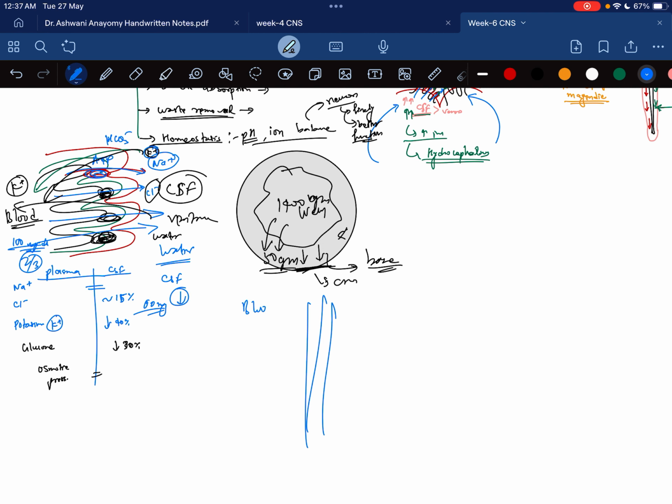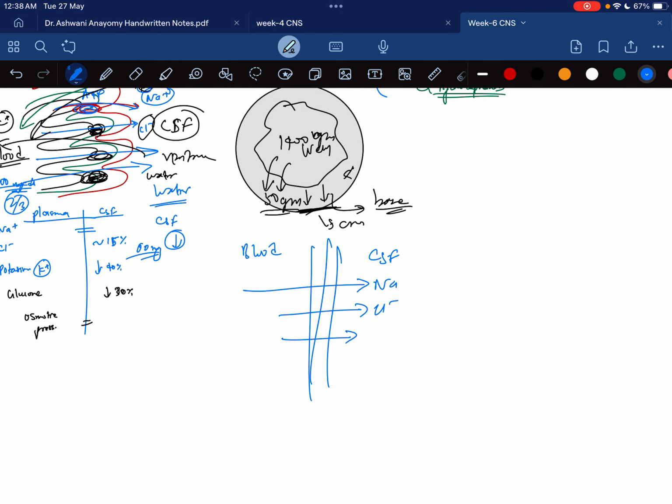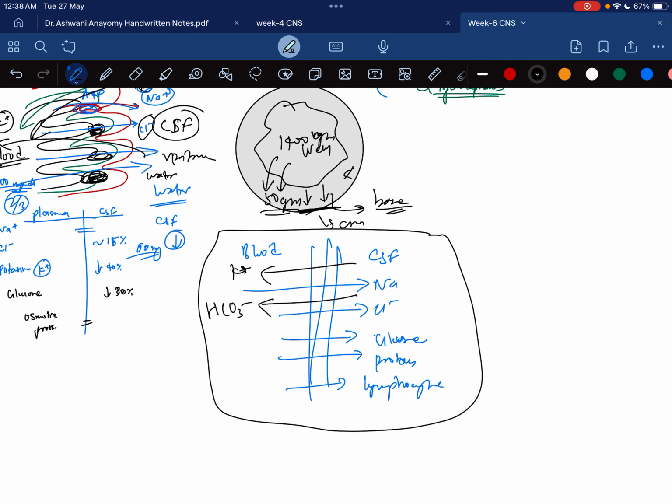Here is blood and here is CSF. Sodium, chloride, and glucose go inside the CSF, along with slightly proteins and some cells, only lymphocytes. From the CSF, potassium comes into the blood, and bicarbonate also goes from the CSF to the blood. This is how the synthesis of CSF occurs.